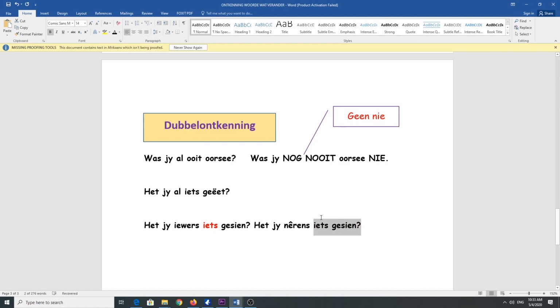If I have to change this sentence into an answer, remember your clue word is beantwoord. Then I'm going to start with nee, comma. I'm going to swap jy and het around. I'm going to change jy to ek.